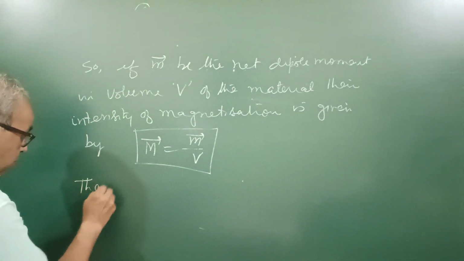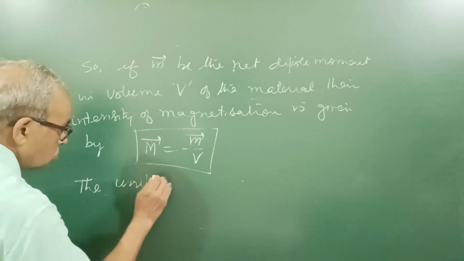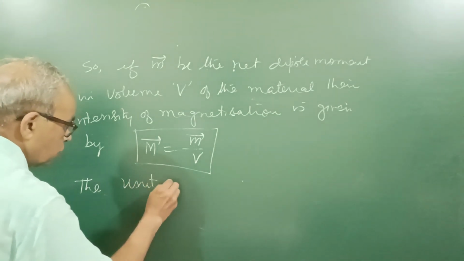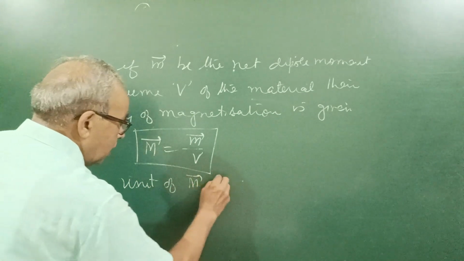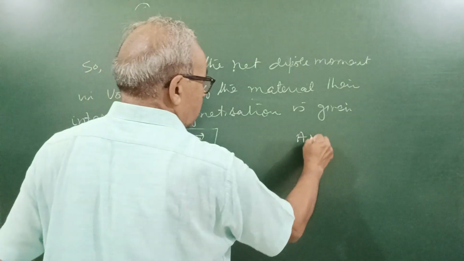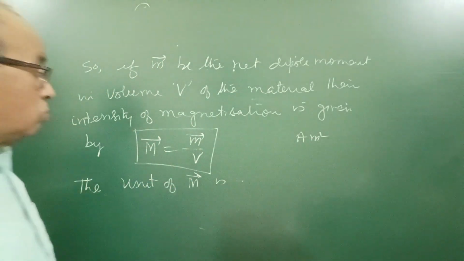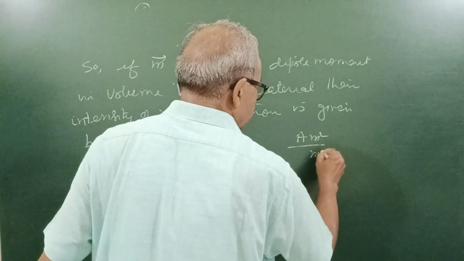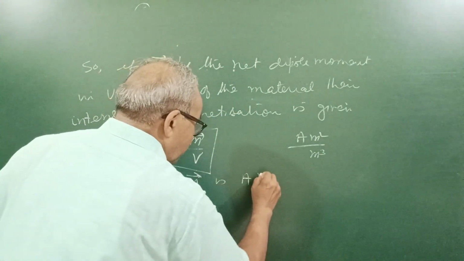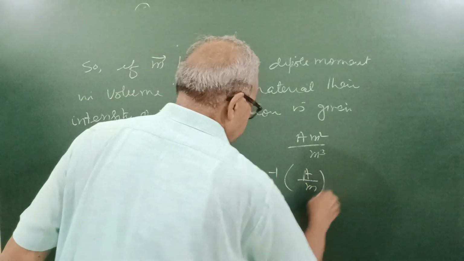The unit of vector M is ampere meter square, the unit of net dipole moment, or joule per Tesla also, and volume meter cube. So it is ampere per meter, or you can write ampere upon meter.